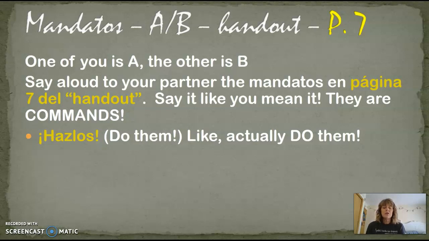Pon tu pluma en tu computadora. Pon tu pluma en la computadora.